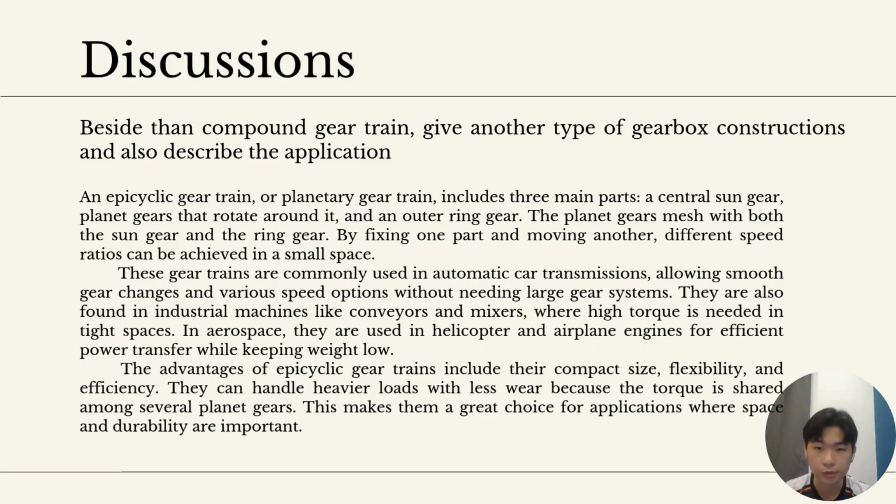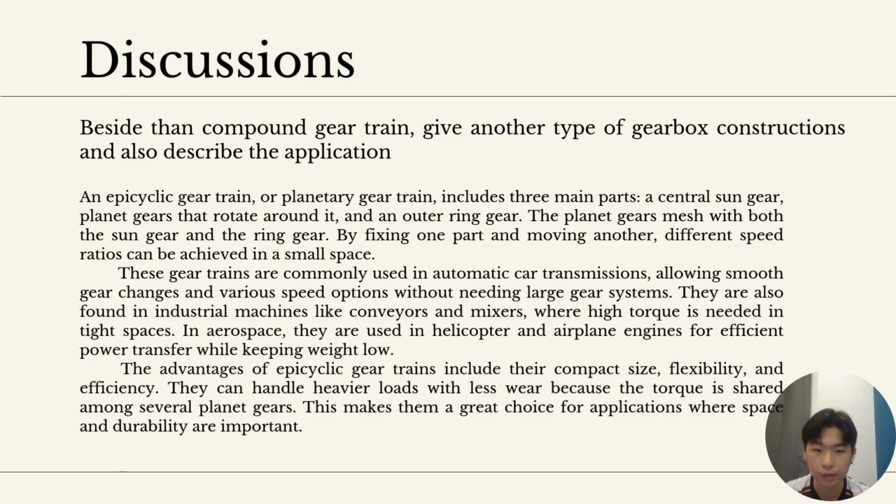The last discussion we make is, besides compound gearing, to give another type of gearbox construction and also describe the applications. So the answer is an epicyclic gear train or planetary gear train, which includes three main parts: a central sun gear, planet gears that rotate around it, and an outer ring gear. The planet gears mesh with both the sun gear and the ring gear.